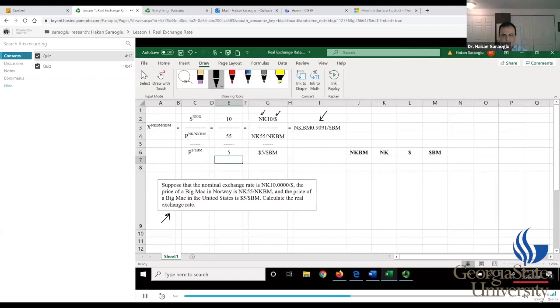So that means from a purchasing power perspective, if you give up your US Big Mac and convert your money to Norwegian krone and try to consume a Norwegian Big Mac, you can only consume 0.9 of it. So here the economist calls it, for example, that the US dollar is undervalued, or the Norwegian krone at the same time is overvalued.